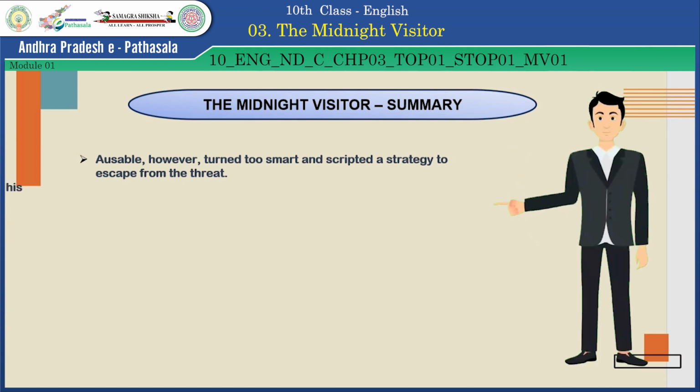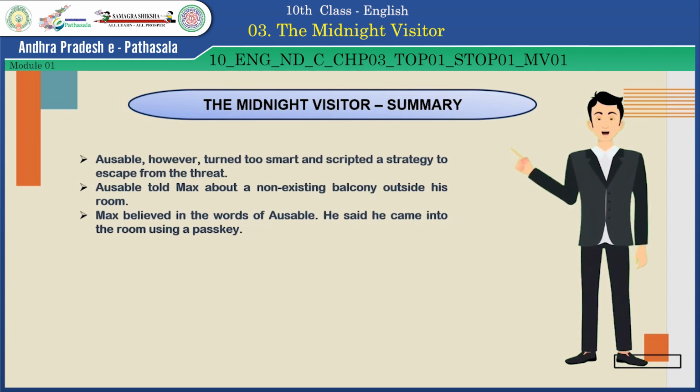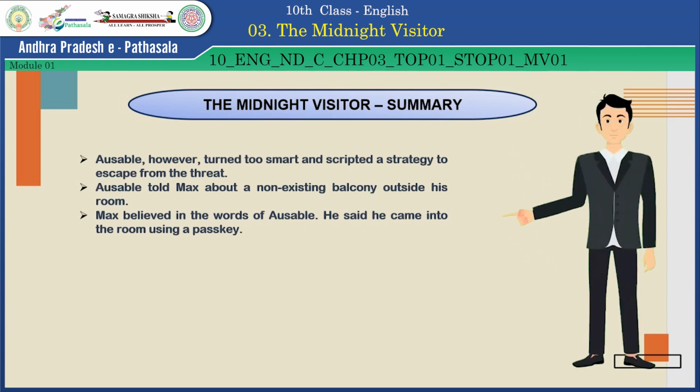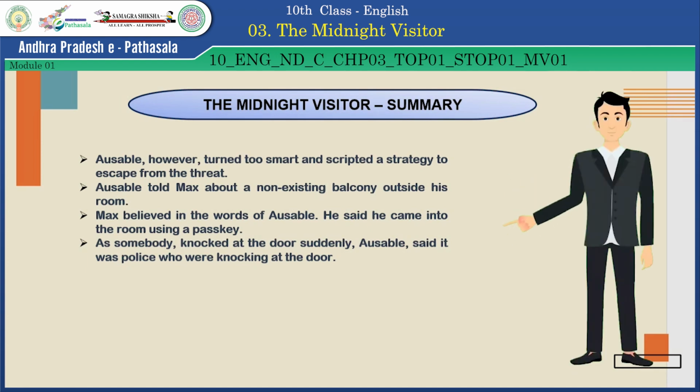Asabel told Max about a non-existing balcony outside his room. Max believed in the words of Asabel. He said he came into the room using a passkey. As somebody knocked at the door suddenly, Asabel said it was police who were knocking at the door.